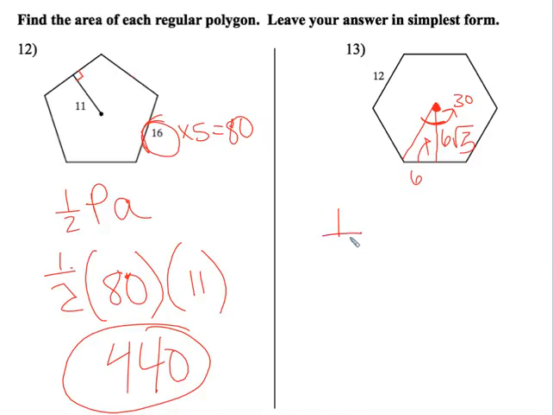So 1/2 perimeter times apothem. Perimeter is 12 times 6, so 12 times 6 is 72. So 1/2 of 72 times 6 radical 3.